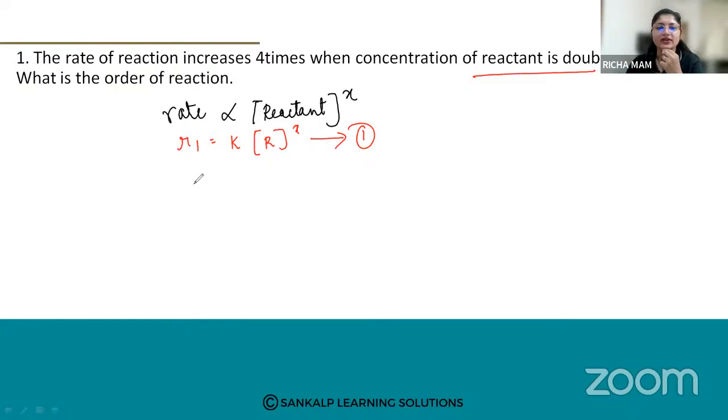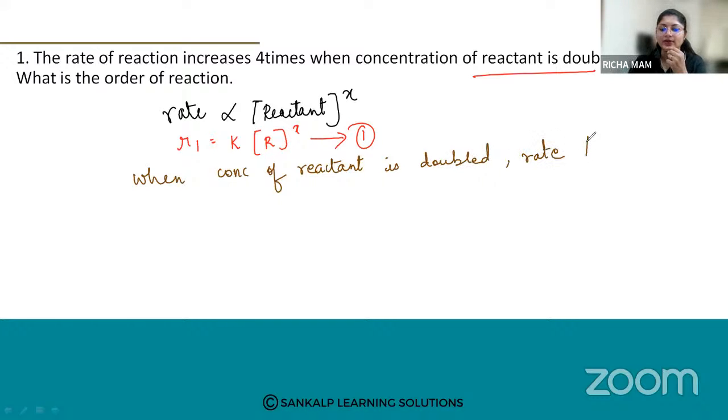Now let us consider the next step. When the concentration of reactant is doubled, what will happen to the rate? The rate also increases by 4 times.